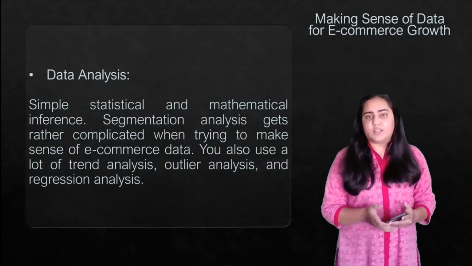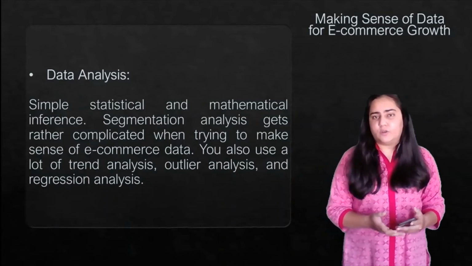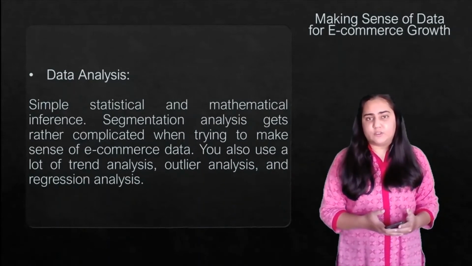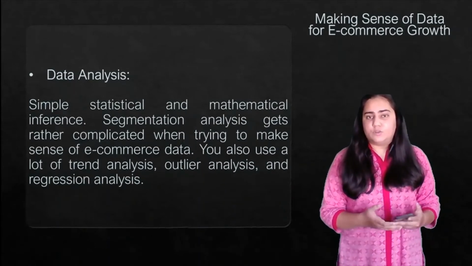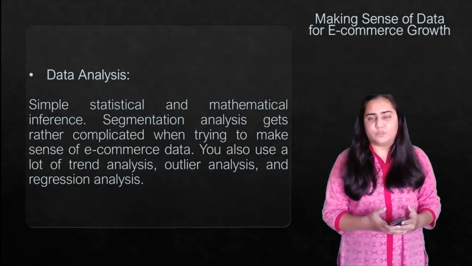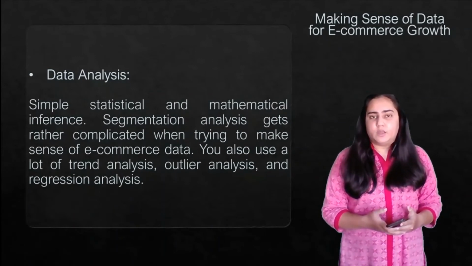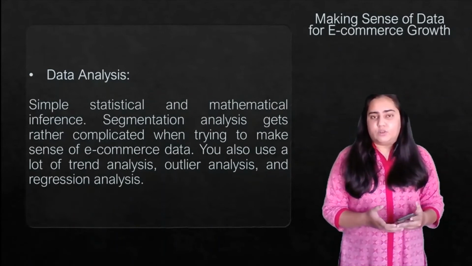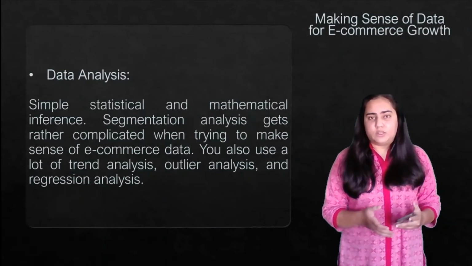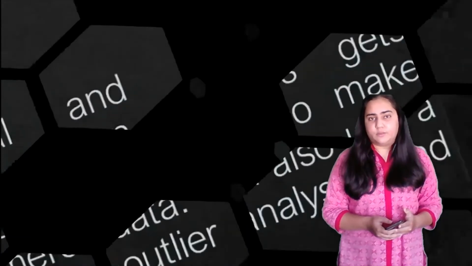It involves segmentation analysis, which is rather complicated, but you require it to make sense of data. And also trend analysis, outlier analysis, and regression analysis. We've talked a little bit about outliers before, but trend analysis and regression analysis will be talked about in future videos, and you can understand that better over there.